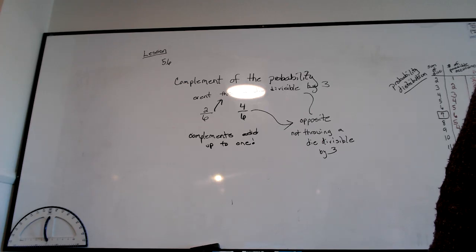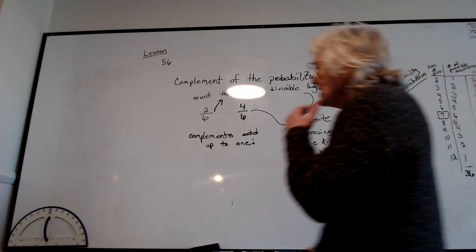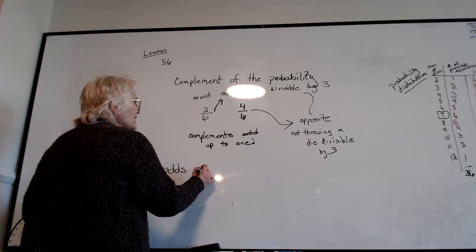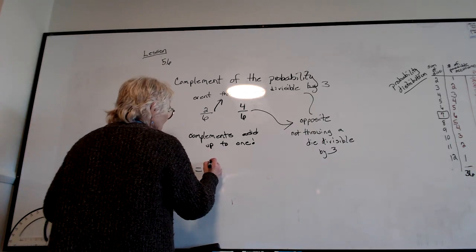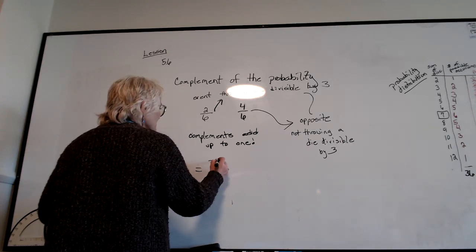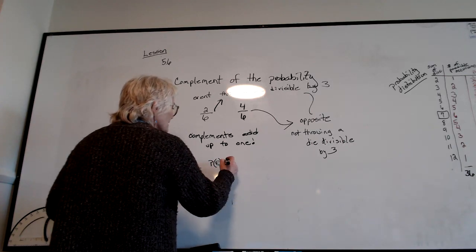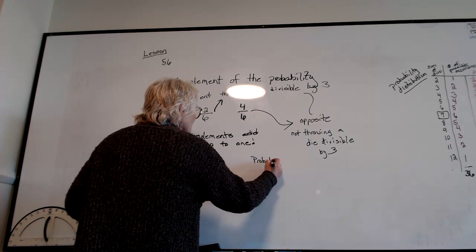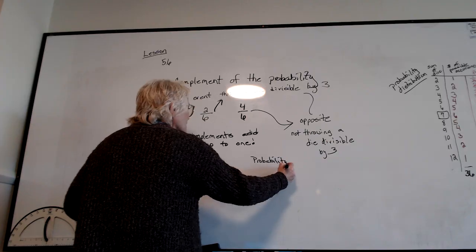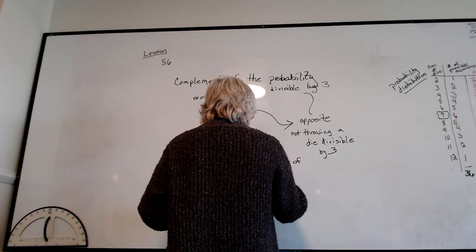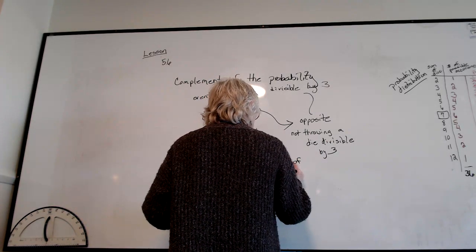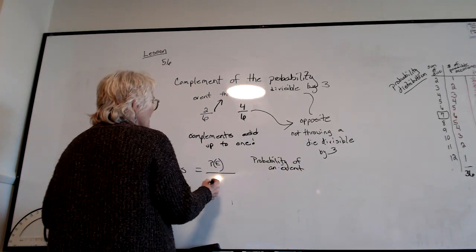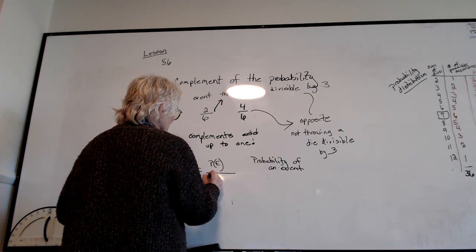Okay, the other thing in 5-6 is that they define odds. Odds is actually the probability of an event. So this is the formula. What this says is the probability of an event, divided by the complement.